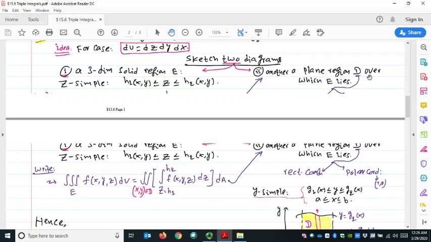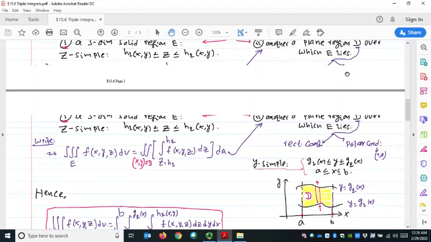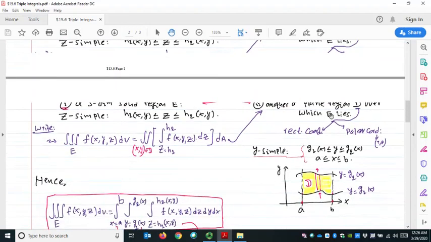Then we have two choices to find the limits of x and y in plane region D. Either we can use D in a rectangular coordinate system or in a polar coordinate system. If it's a polar coordinate system, then we find the limits in terms of r and theta. If we choose the rectangular coordinate system to describe our plane region D, then again we have two choices.